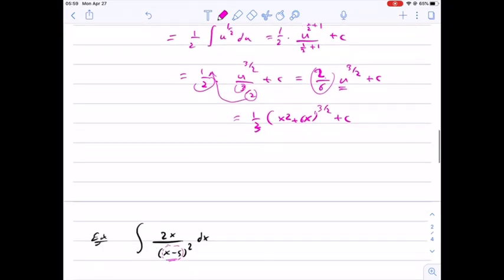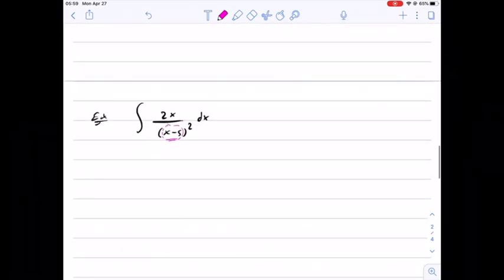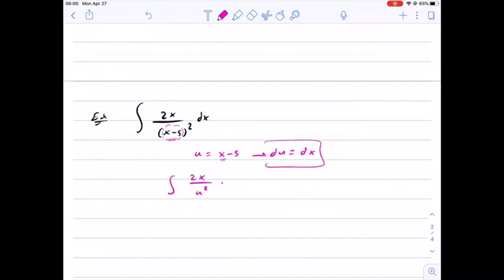So these are indications of the main function that we want to substitute. So here u equals x minus 5, then du equals dx, because the derivative of x is 1, and 1 times dx is dx. Now the integral becomes 2x over u squared times du.